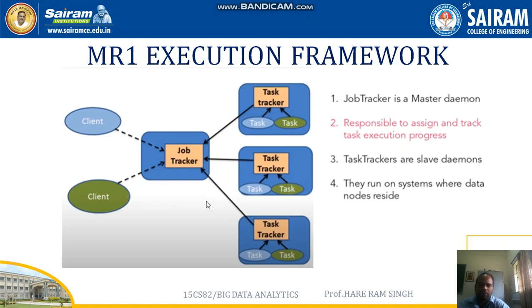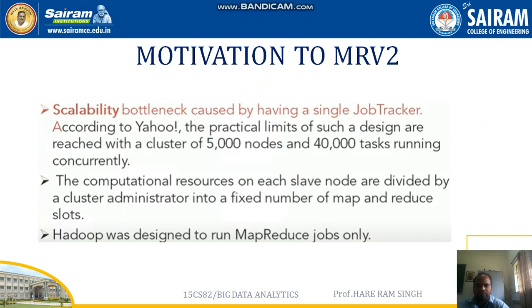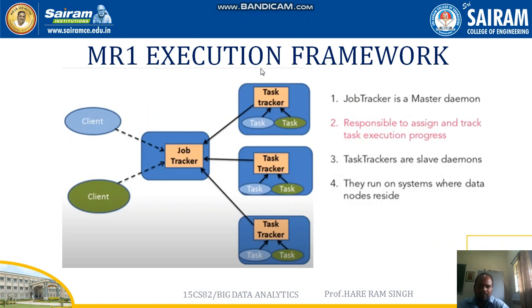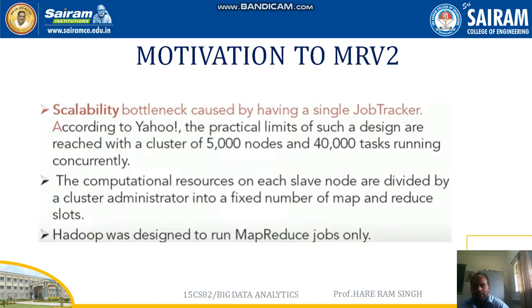According to the Yahoo research, the practical limit of the design is reached with a cluster of 5,000 nodes and 40,000 tasks running concurrently. Only 5,000 nodes can be added and a maximum of 40,000 tasks can run concurrently at one time.